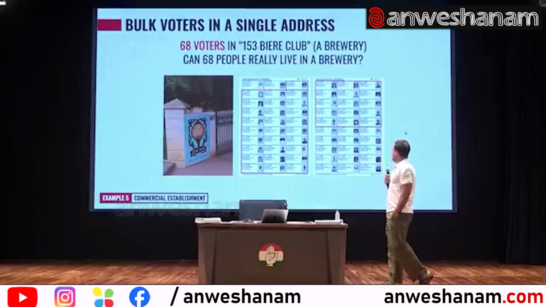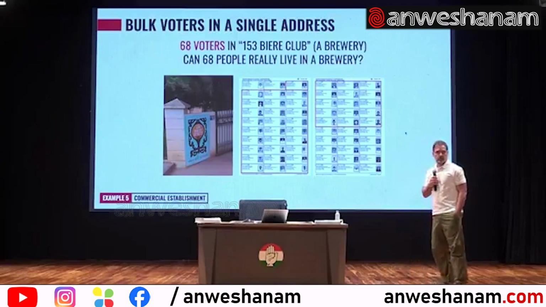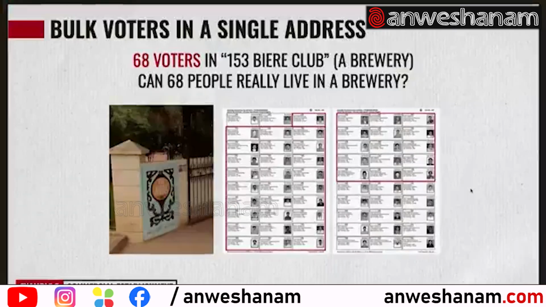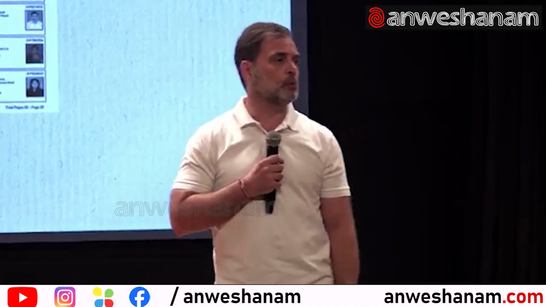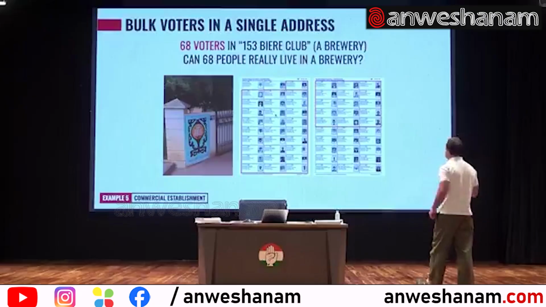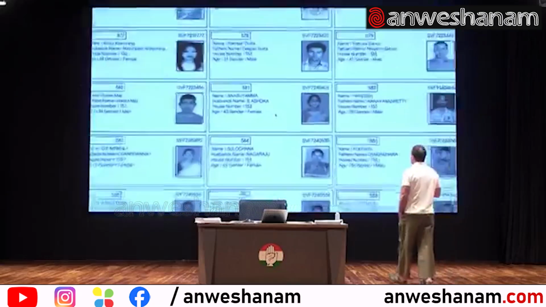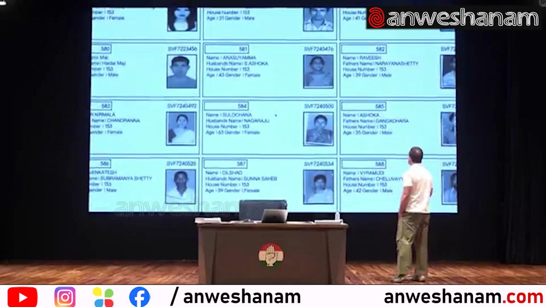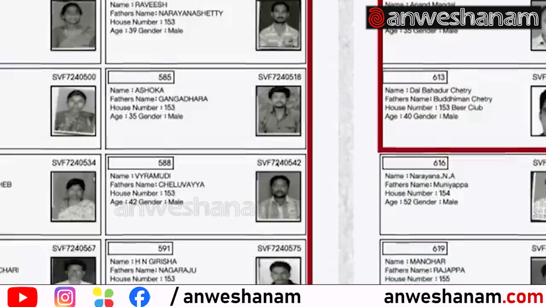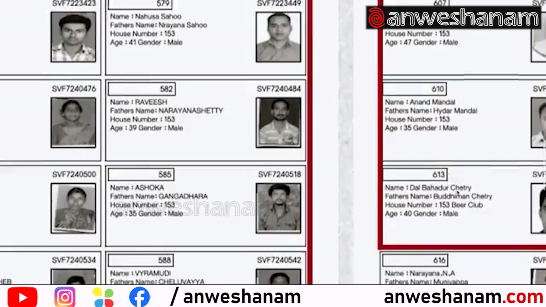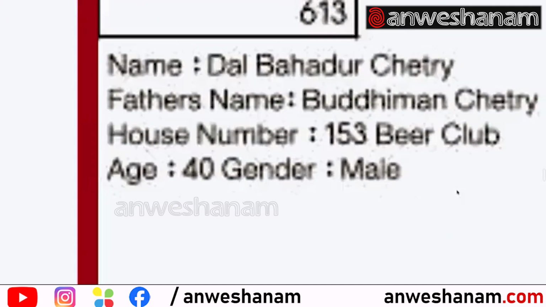Okay, next. Here is 68 voters in a brewery, commercial establishment. Nobody lives there. Right? And when we go and ask them, where are these people? Who are these people? Nothing. We don't know. Never heard of them. Zoom in. And that's fake and invalid addresses.